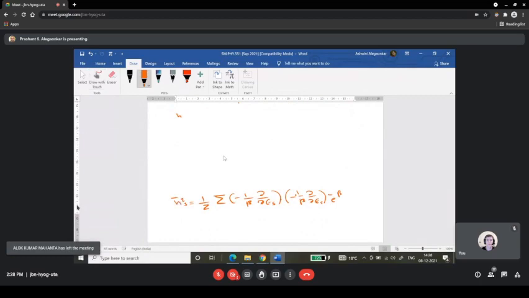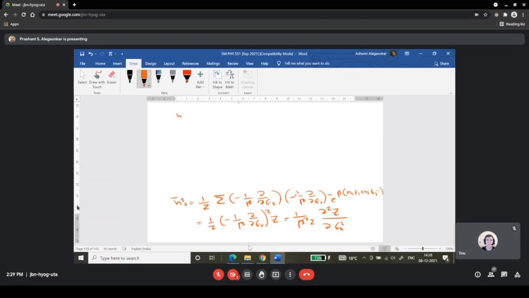n_s squared bar is equal to e raised to n1 ε1 plus n2 ε2 and so on and so forth, which is equal to 1 upon Z into minus 1 upon beta ∂/∂ε_s, whole squared, acting on Z, which is equal to 1 upon beta squared Z, ∂²Z/∂ε_s².